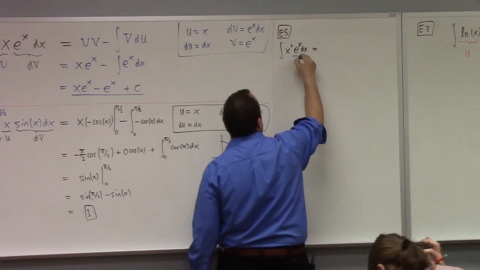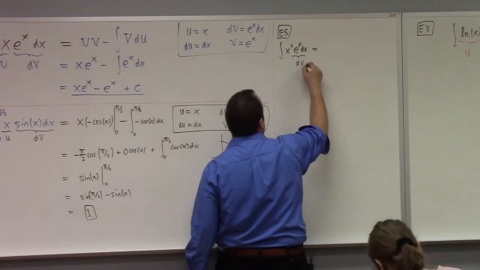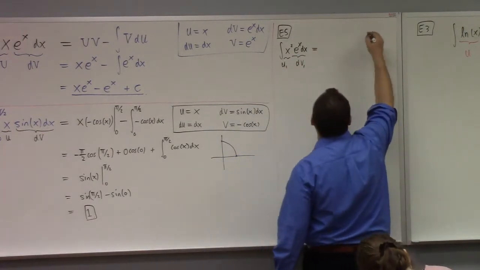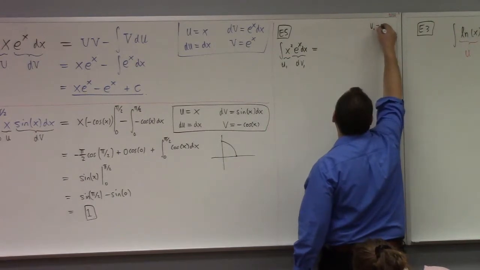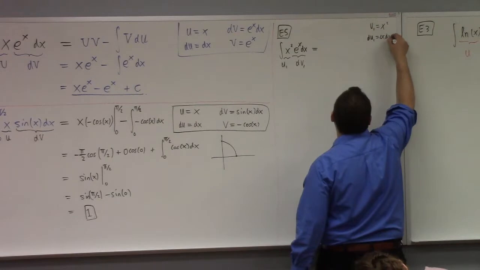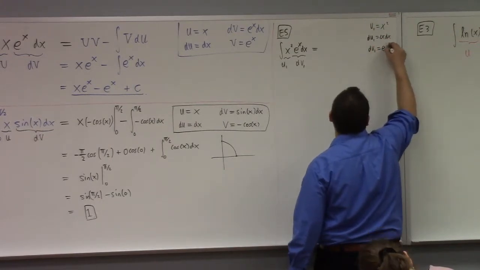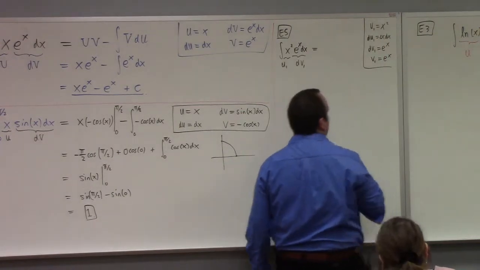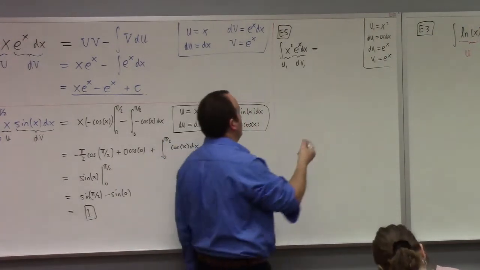Well, this time I'll let my dv1 be e to the x dx. I'll let my u1 be x squared. So dv1 is e to the x. What's v1? E to the x.